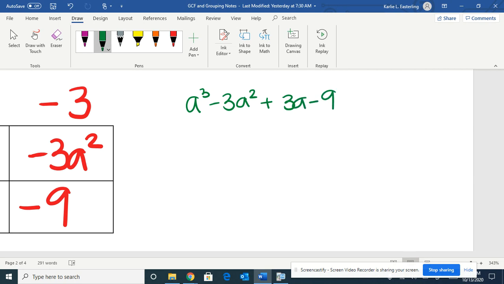Whenever I'm doing this, the first thing you're going to want to do is draw sets of parentheses around the first two terms and then a set of parentheses around the last two terms. No matter what, your sign right here has to be positive. I will show you in a minute what you have to do if it is negative.